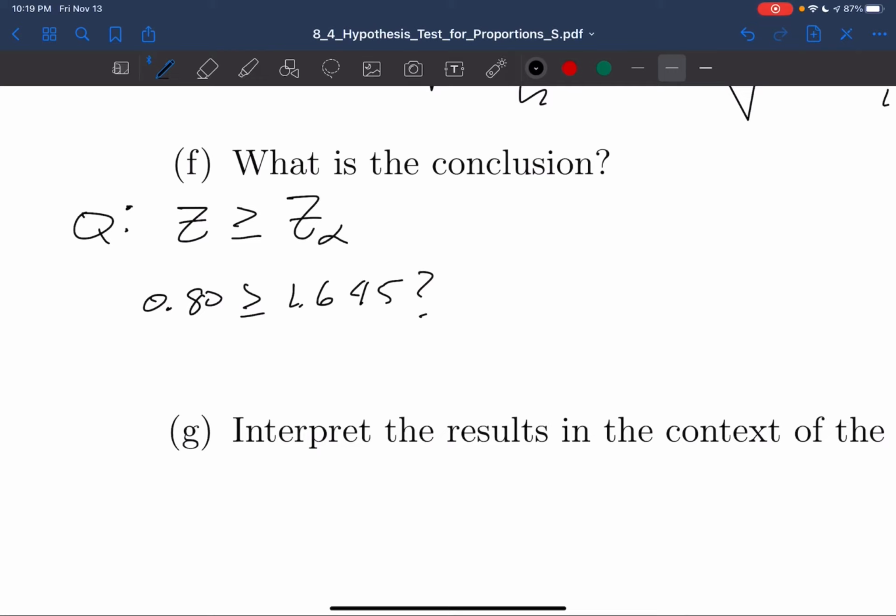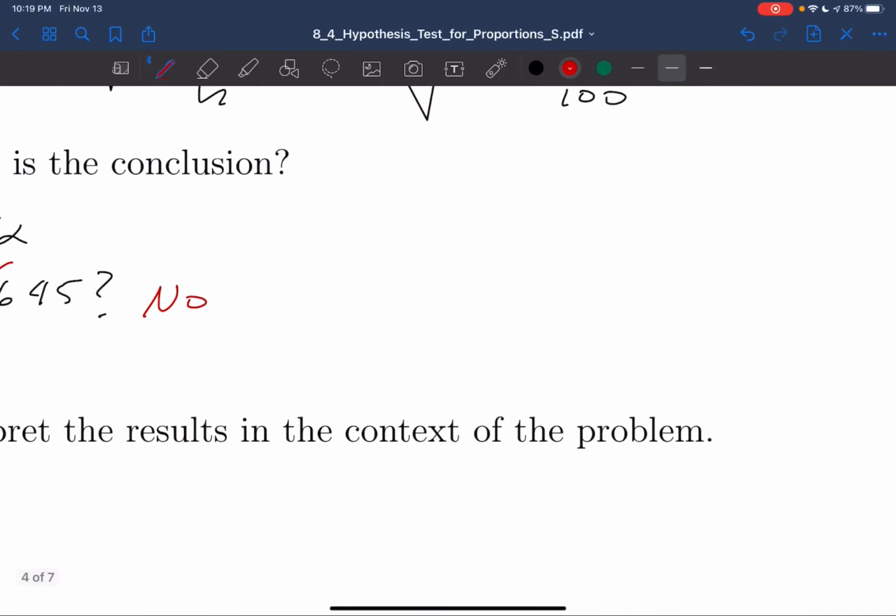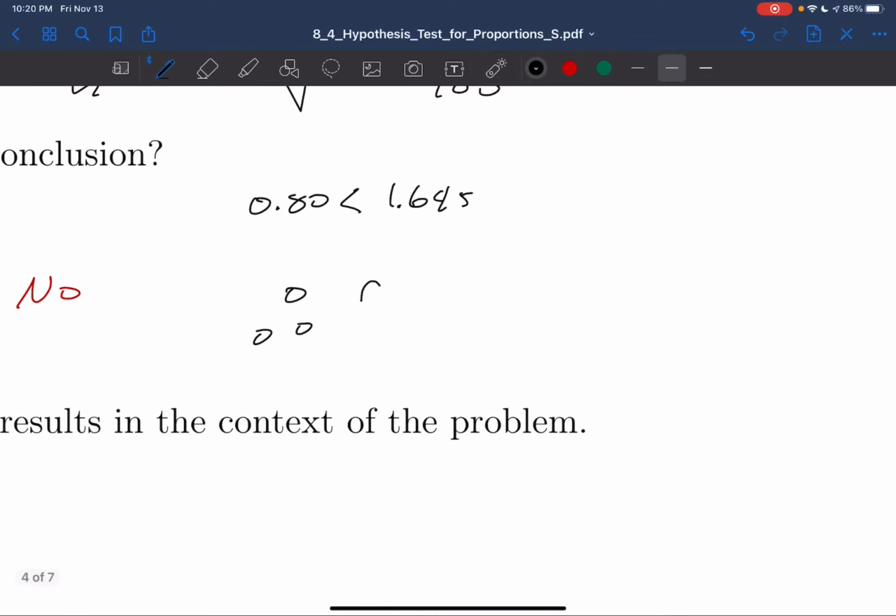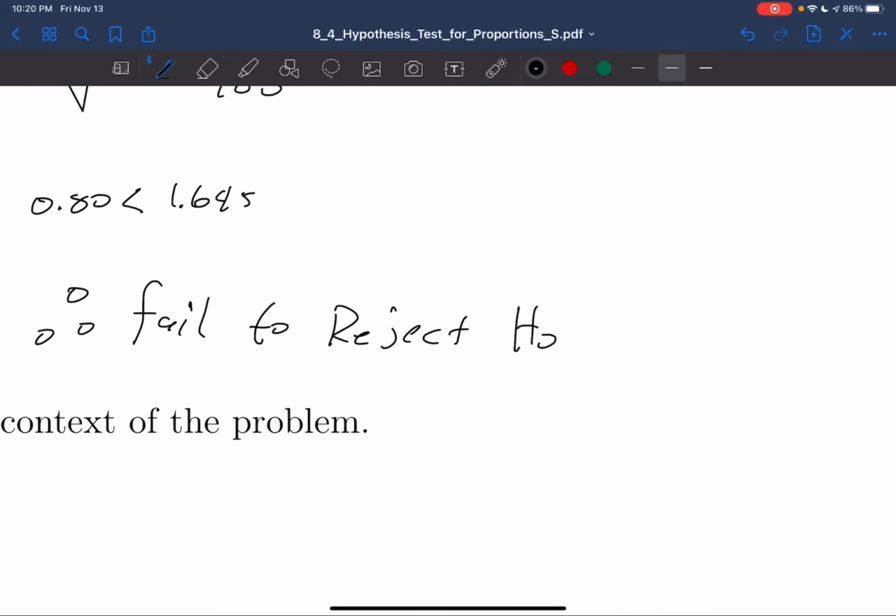And the answer, of course, is no, because 1.645 is bigger than 0.80. So this is a false statement. Because again, 0.80 is actually less than 1.645. So we can conclude, thus, we fail to reject our null hypothesis H0.